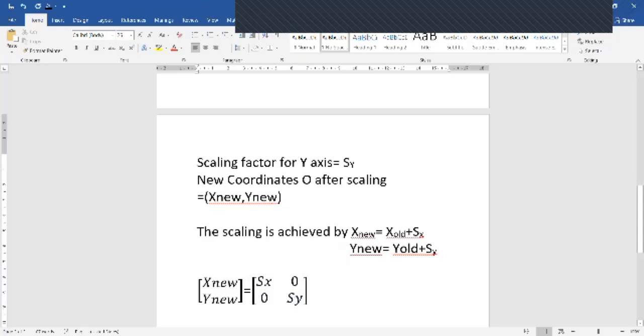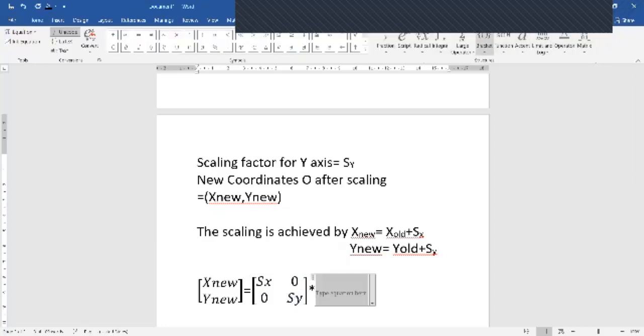So this is multiplied by X old and then Y old.